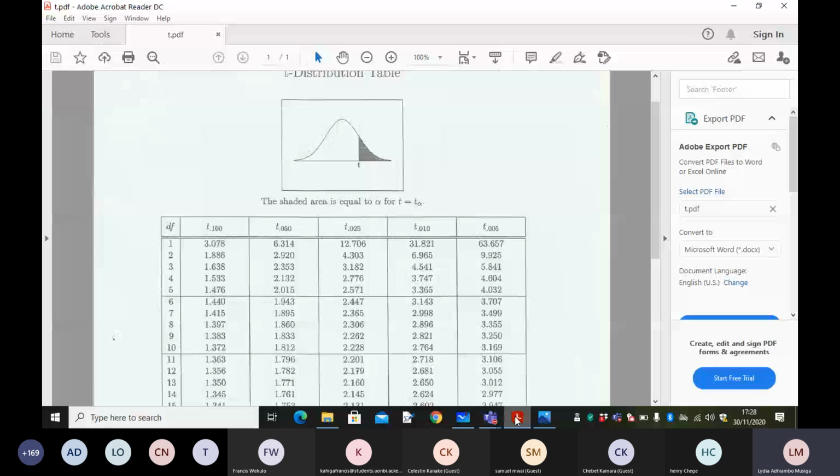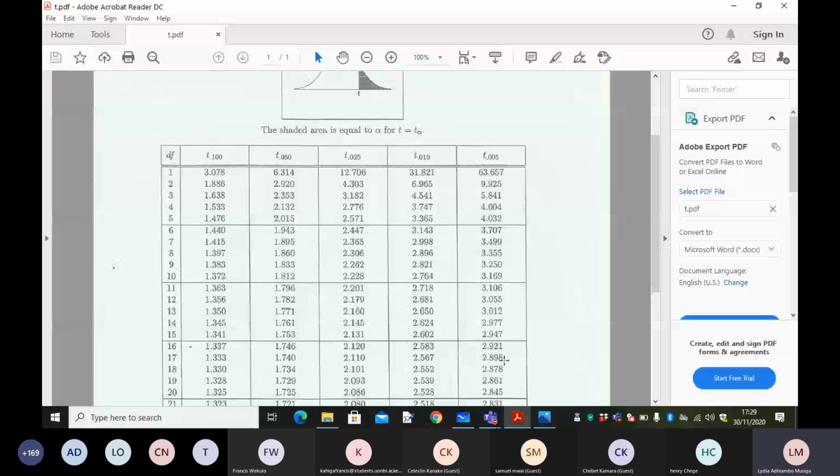Starting from the left, if we go up to the extreme right, because where we have the extreme right, we have T0.005, then we can see 2.898.